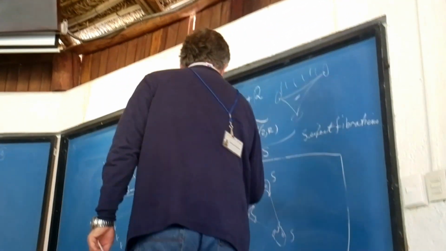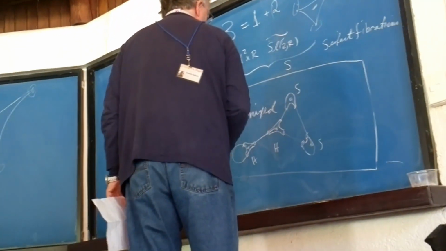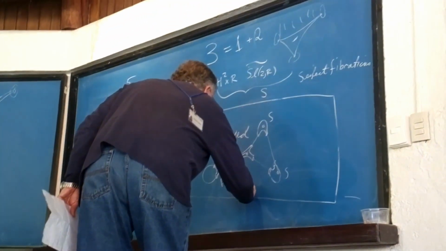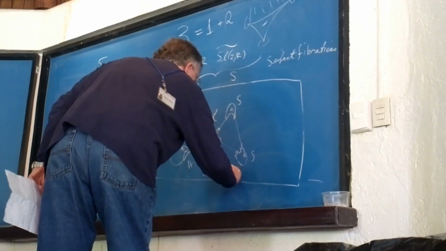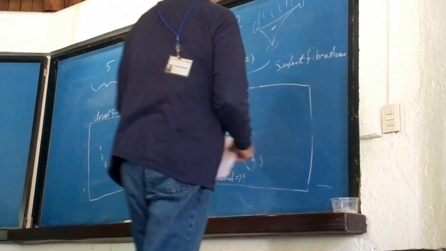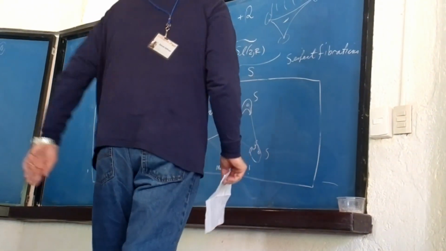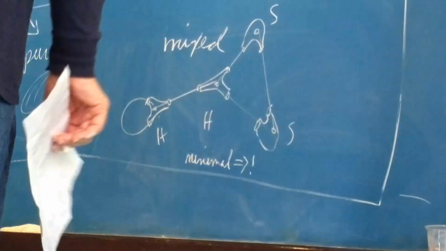And this decomposition, as long as you take it minimal, then it's unique. This decomposition is unique. The graph is unique, and the labeling is unique, as long as you take the smallest one, it'll be unique.